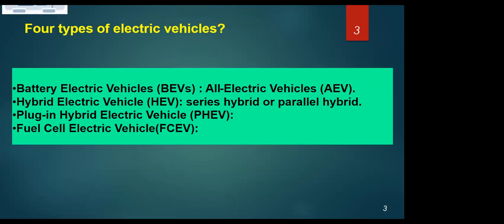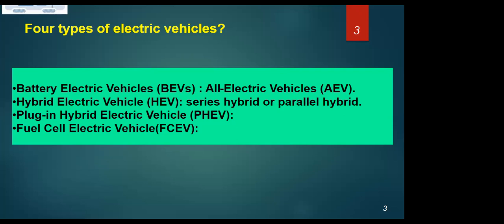There are four types of electric vehicles. First is the battery electric vehicle (BEV), also called the all electric vehicle (AEV). Another is the hybrid electric vehicle (HEV), which is connected as a series hybrid or parallel hybrid, depending on the type of connection.